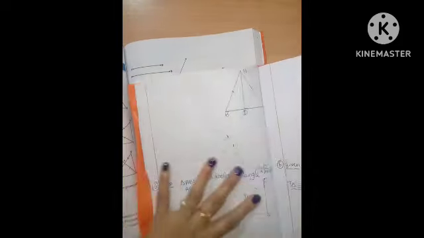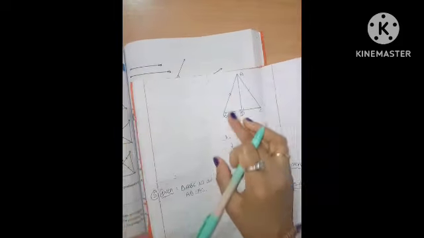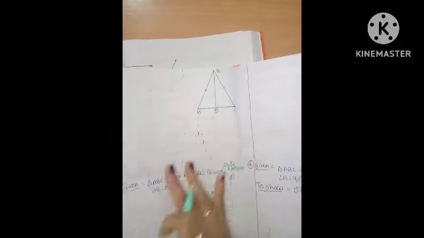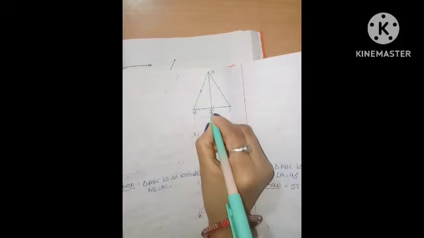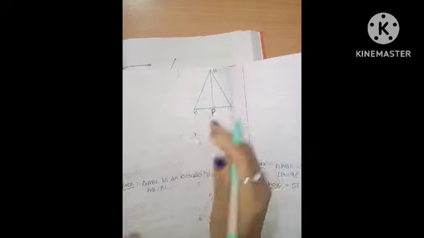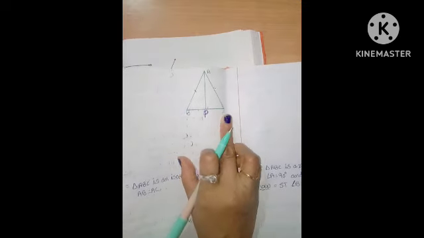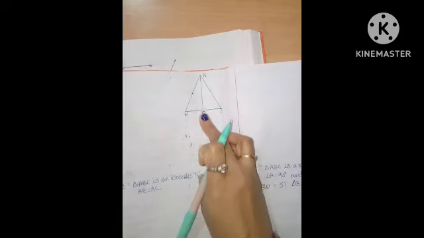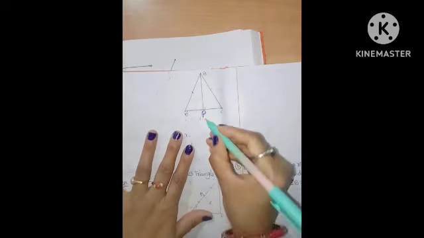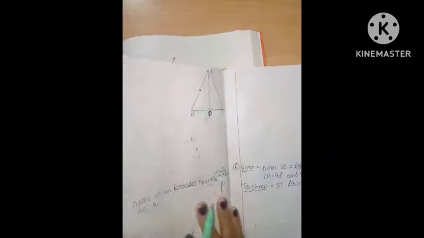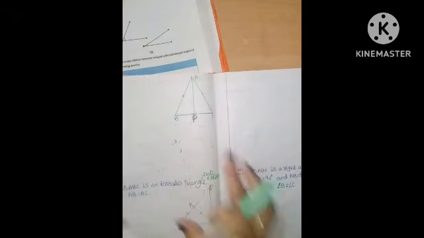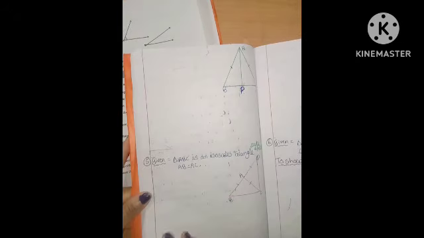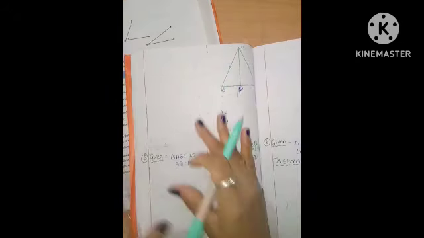First draw the isosceles triangle ABC. Next is AP, not AD, AP. AP is perpendicular to BC. First you have to draw the one line. This is the perpendicular line, AP. Are you clear?